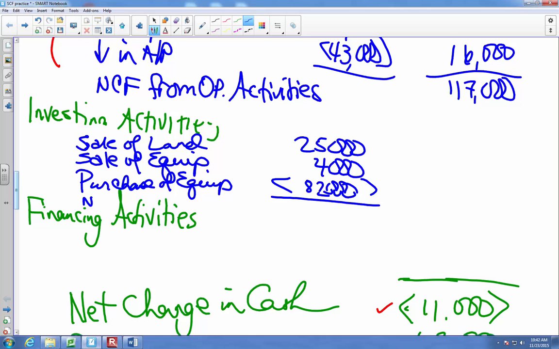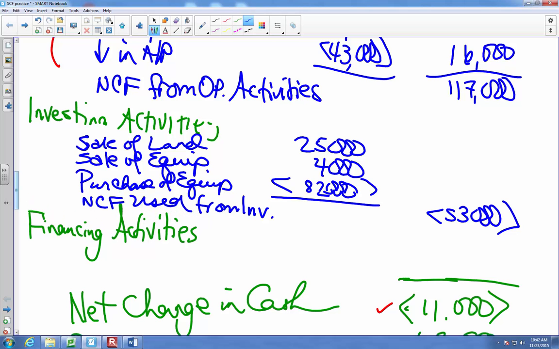Net cash flow used from investing. Okay. All good?